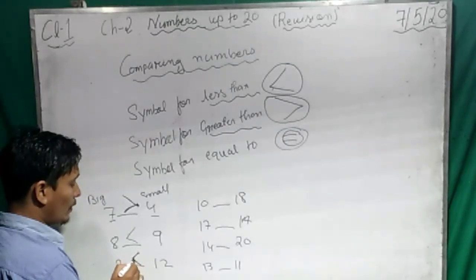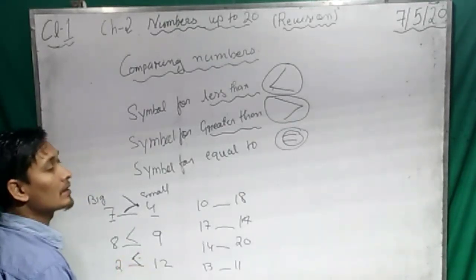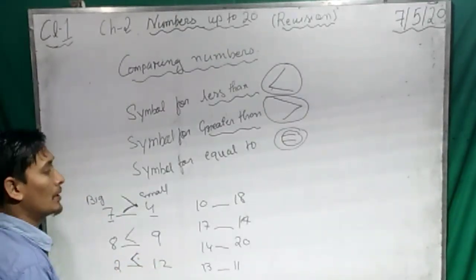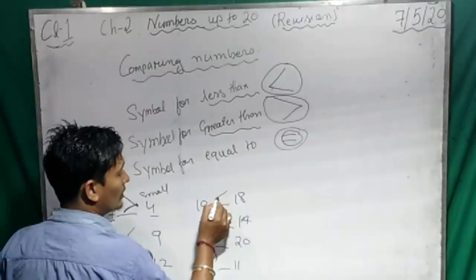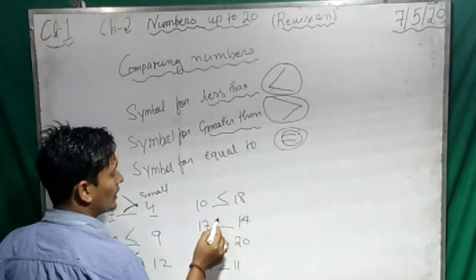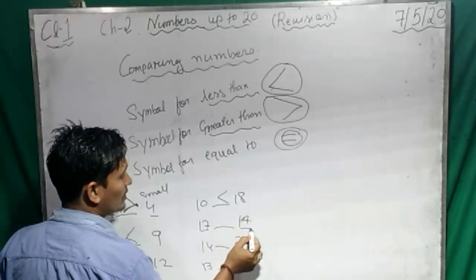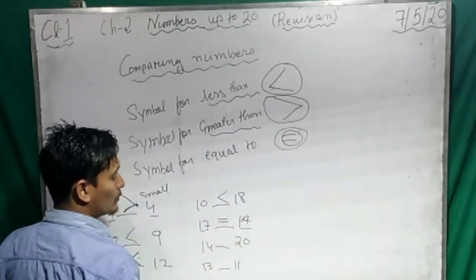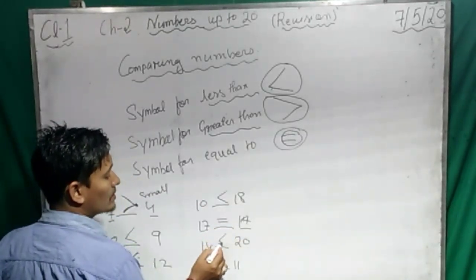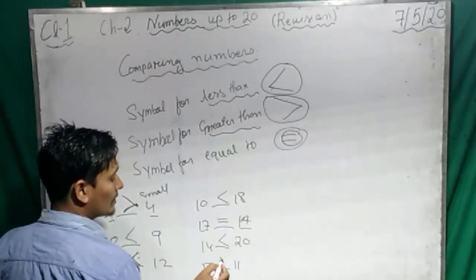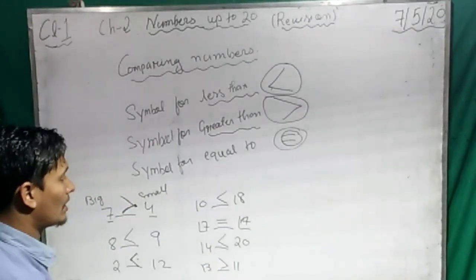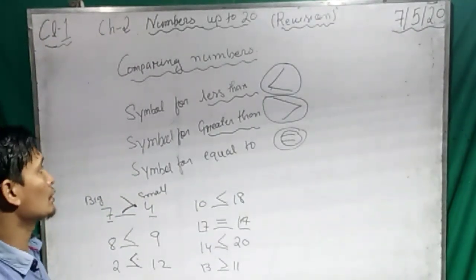Greater than sign. And then the open mouth always shows what? Yes, the greater number. Here also the same. Here equal to, because this is also 17, this is also 17. So equal to symbol. Here, yes, smaller than sign. And here greater than sign. Clear, students? Good.